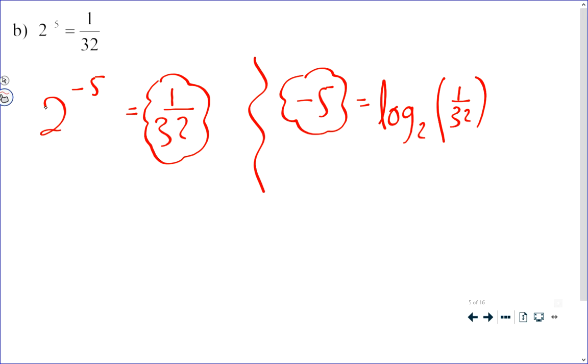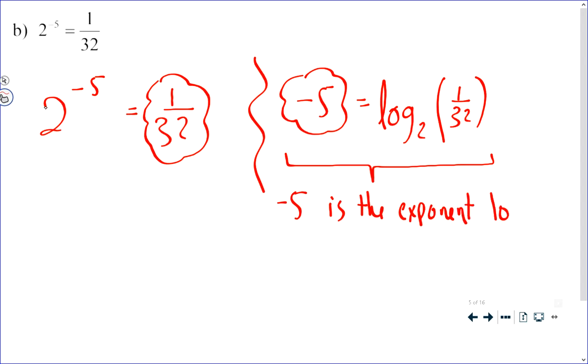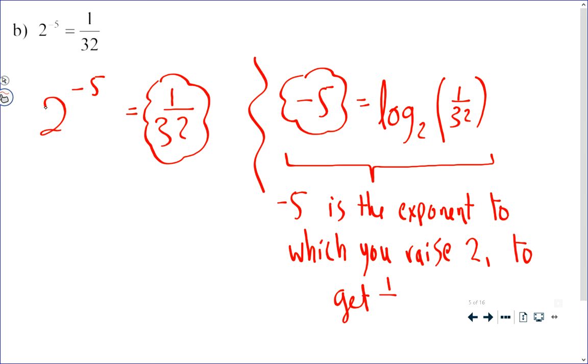Another way you can look at it, and this is really going to be useful in a few minutes, is that this statement here, and I want to write it down, is saying negative 5 is the exponent to which you raise 2 to get 1 over 32. It's very, very useful when you see a logarithmic expression to read it that way.